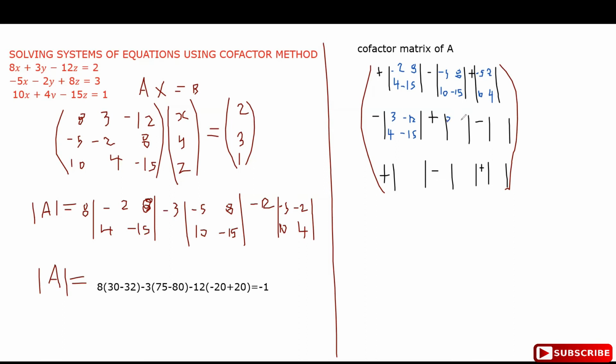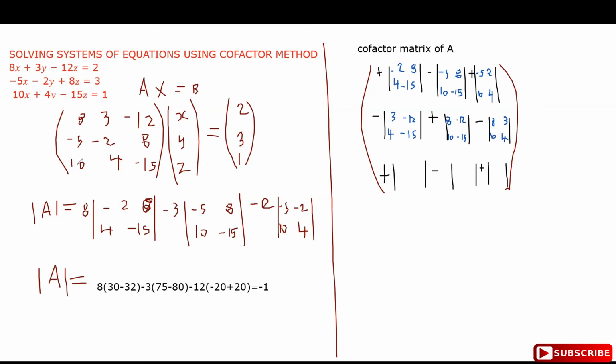Then we cross this and this to get 8, 3, 10, and 4.